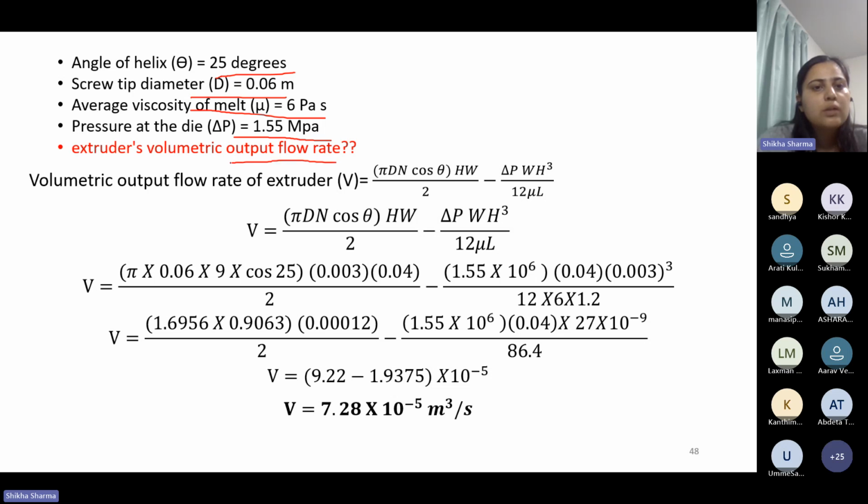So the extruder's volumetric output flow rate V we need to calculate.